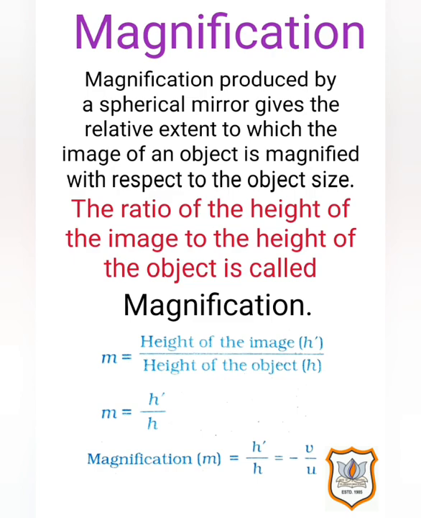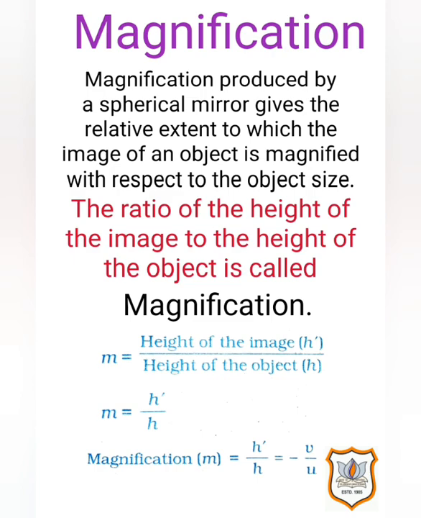Next, magnification. Magnification produced by a spherical mirror gives the relative extent to which the image of an object is magnified with respect to the original object size. The ratio of the height of the image to the height of the object is known as magnification. This is the actual formula.